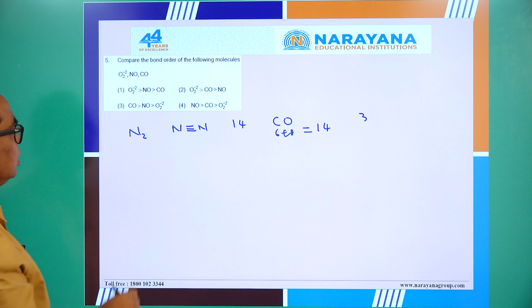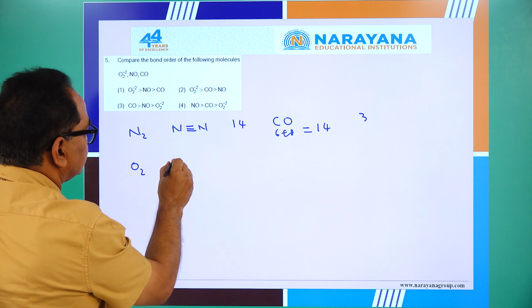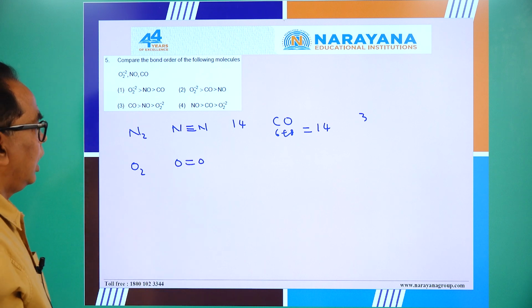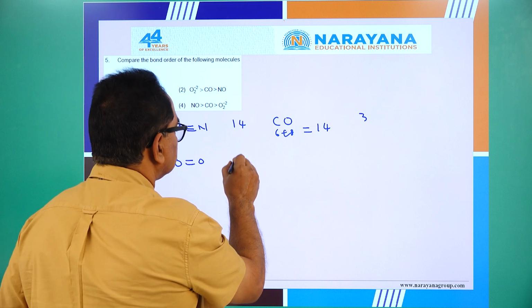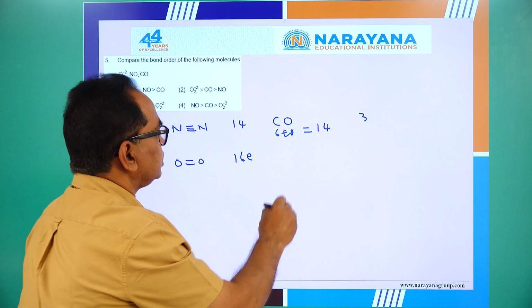Now, if I take O2 molecule, for which O double bond O is present, and totally 16 electrons are present here, the bond order is 2.